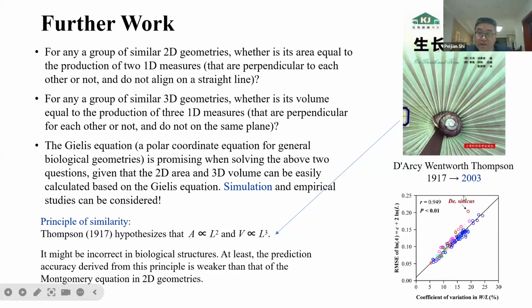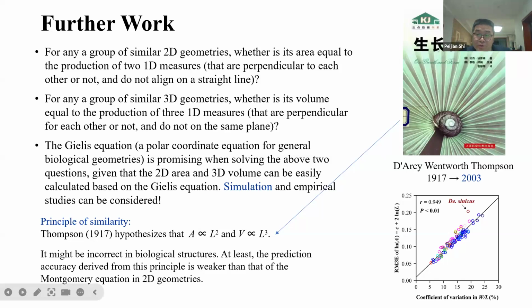Here in the left bottom panel, we show a fitted result of the goodness of fit using Thompson's principle of similarity for the area, namely leaf area is proportional to leaf length squared.